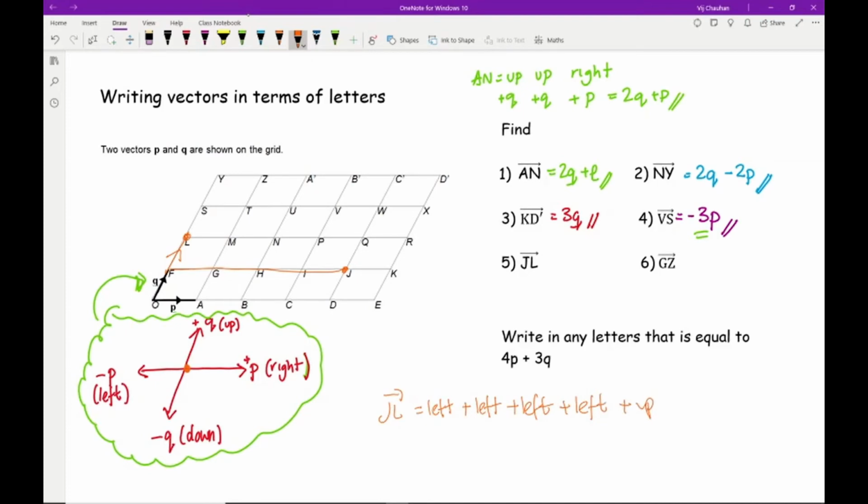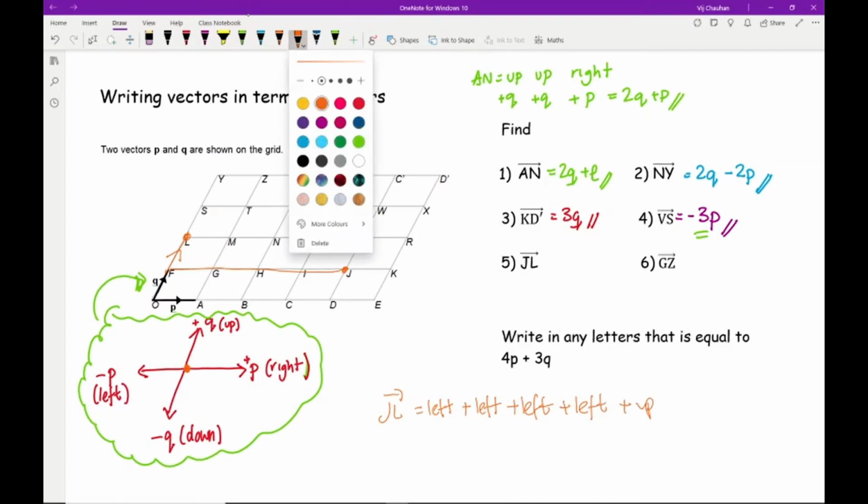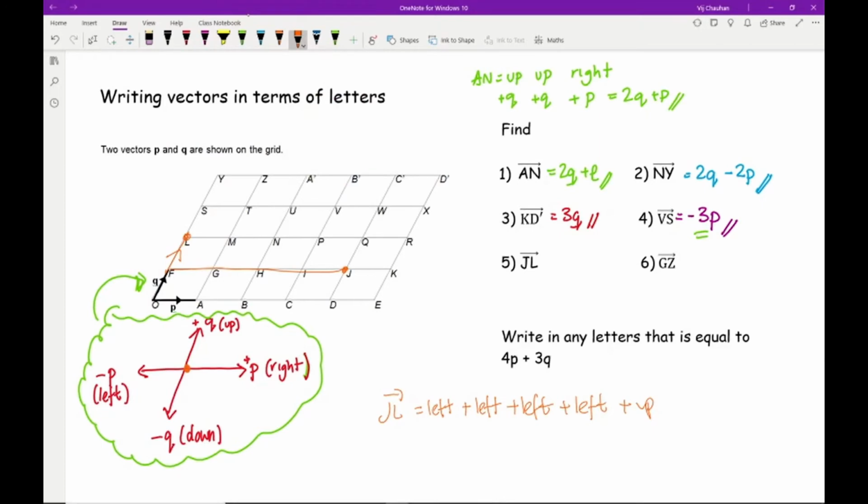Converting that into letters, left is minus p, minus p, minus p, minus p, plus q. If I simplify all of that, I get minus 4p plus q, and there is my final answer. So it's minus 4p plus q.